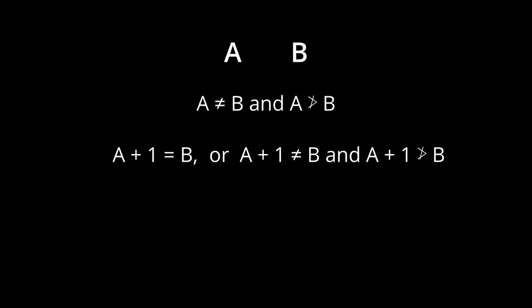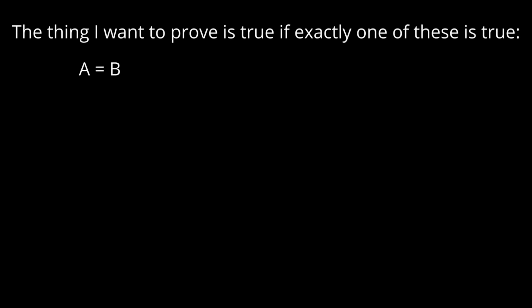That's a bit cumbersome to say. I think I can break it down into smaller parts to make it easier to handle. I'm trying to show that either a is b, a is more than b, the number after a is b, or the number after a is not b and not more than b.